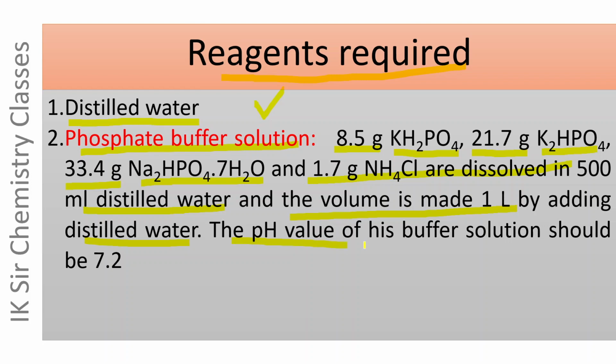The pH value of this phosphate buffer solution is around 7.2.